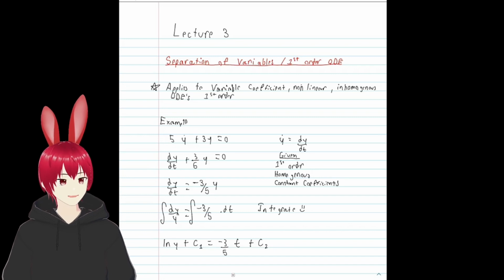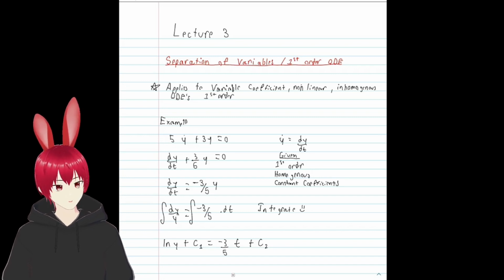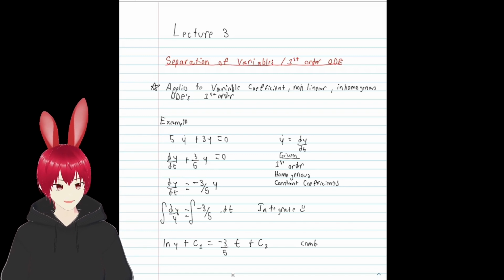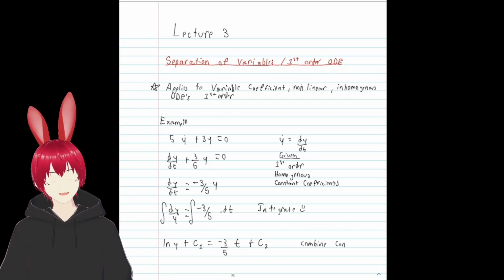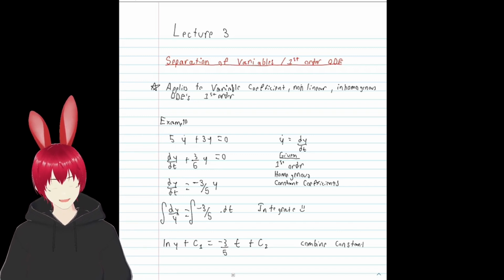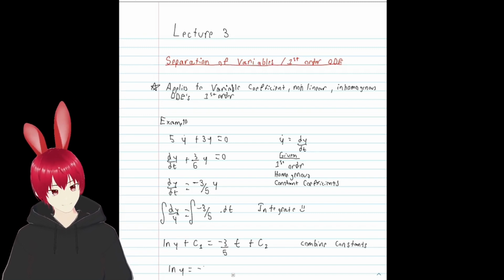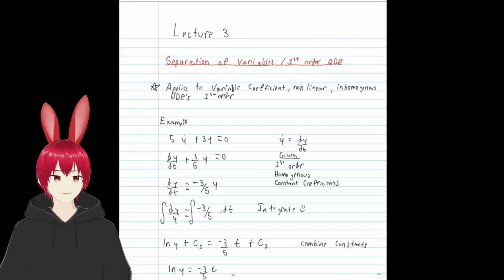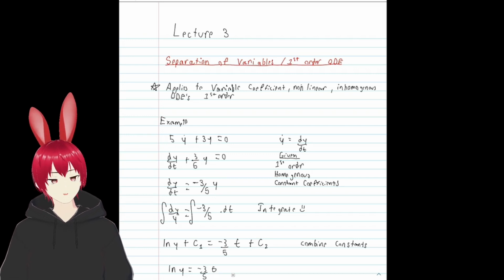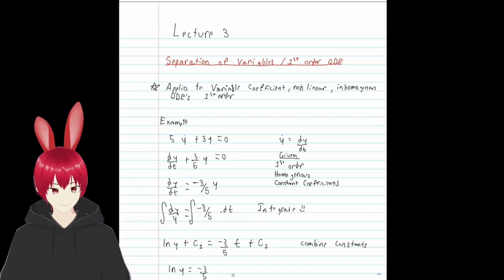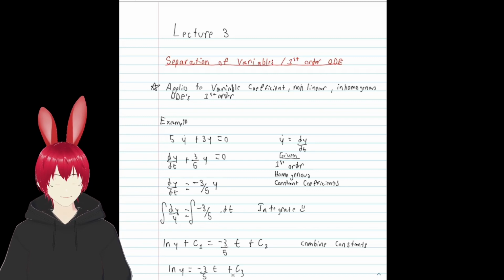We label the constants C1 and C2, but with the known rules for constants in ODEs, we can describe the combination of both constants as a single constant C3. That gives us the natural log of y is equal to negative 3/5 t plus C3.